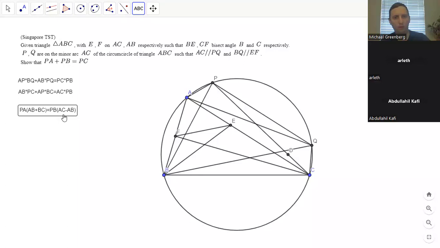It's kind of interesting. So really we need to show PA over PB is that ratio, AB plus BC over AC minus AB.